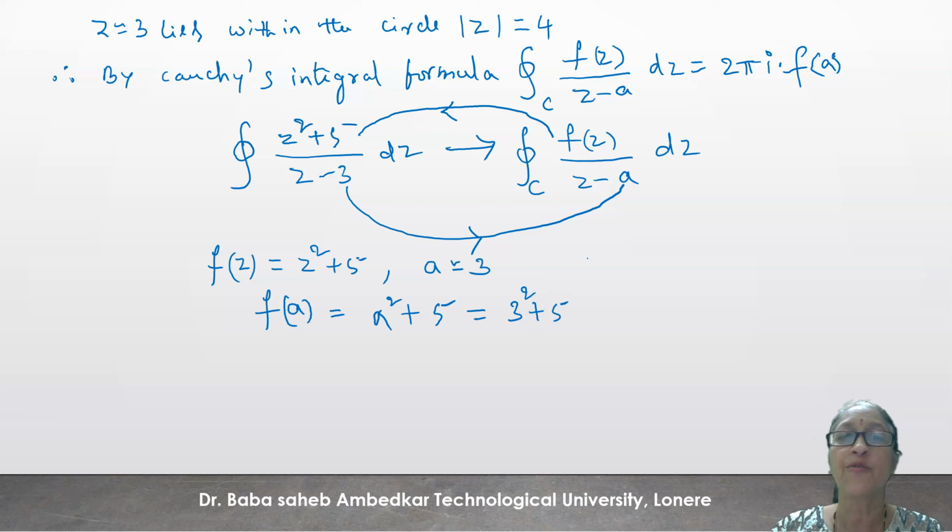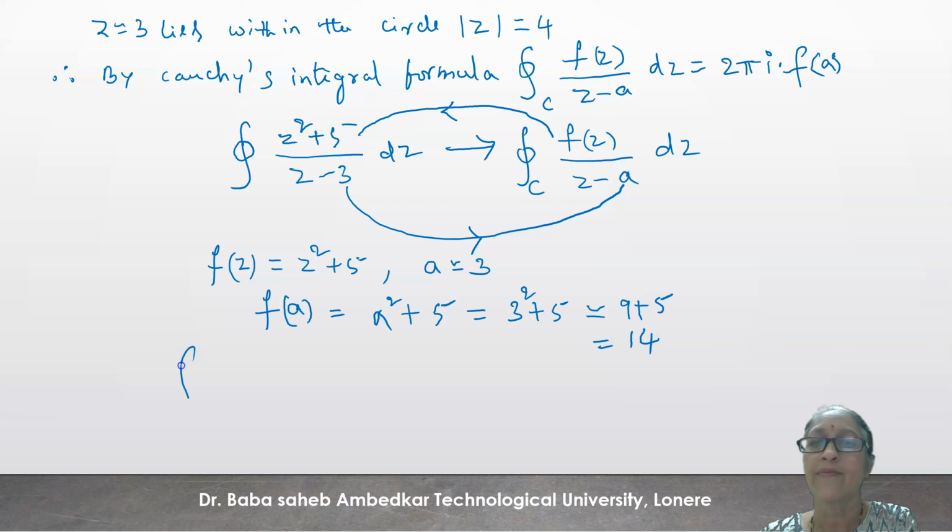Okay, so without comparison, directly, if you put z equal to 3, it's okay. Here I am comparing and explaining. So consider this numerator as f(z) and put z equal to 3 in this numerator. That means what do you get? 9 plus 5, which is equal to 14.